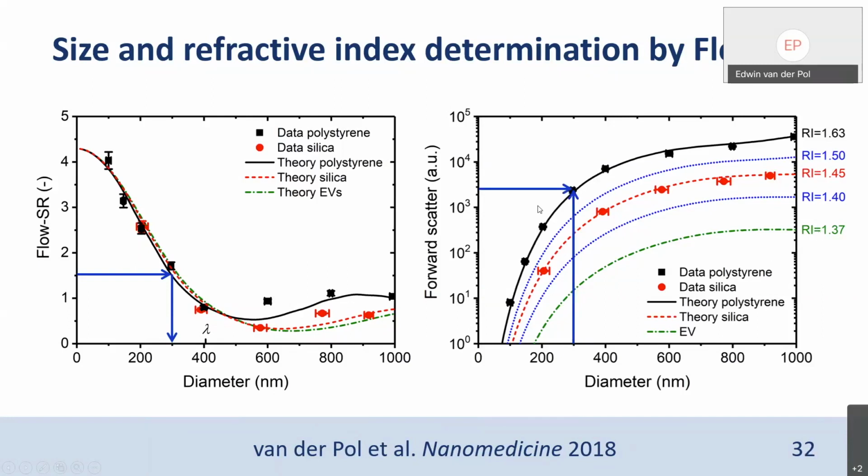But if the forward scatter would be around 2,800, then it was a particle with a refractive index of 1.63. Now, the way I explain it now is, of course, pretty slow. So if you automate this and you let the computer perform this lookup, you can do this for all the particles in the measurement.